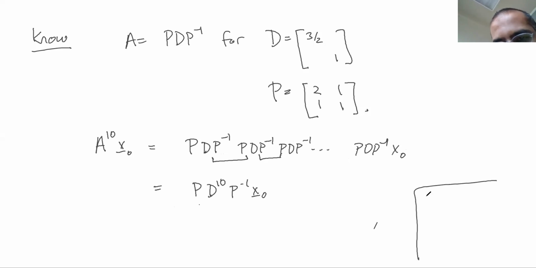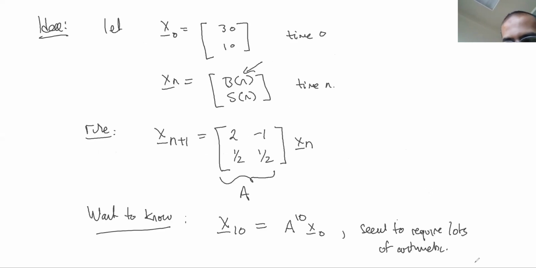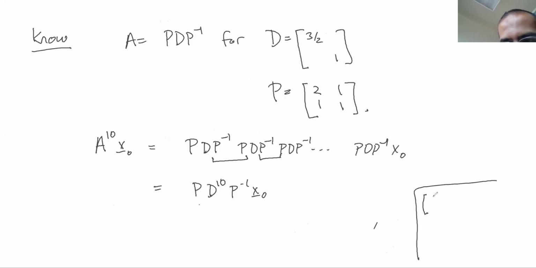So what's P inverse x naught? Well, I need to write x naught, which was my vector 30, 10, as a linear combination of v1 and v2. It actually just turns out to be 10 times v1 plus v2. Is that right? No, that's not right. Okay, so I want to write this as a linear combination of v1 and v2.